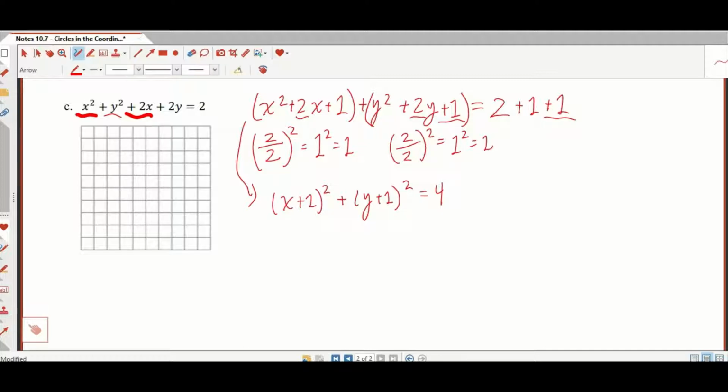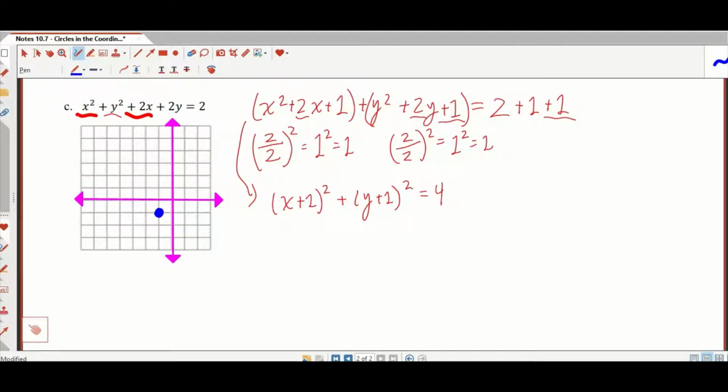So that means that the center, and I'm going to go ahead and put this over here. Maybe I won't miss this time. The center has gone from 0, 0, where it normally lives, and it's gone left 1, down 1. Why left 1, down 1? Because x minus a negative 1 is plus 1, and y minus a negative 1 is plus 1.